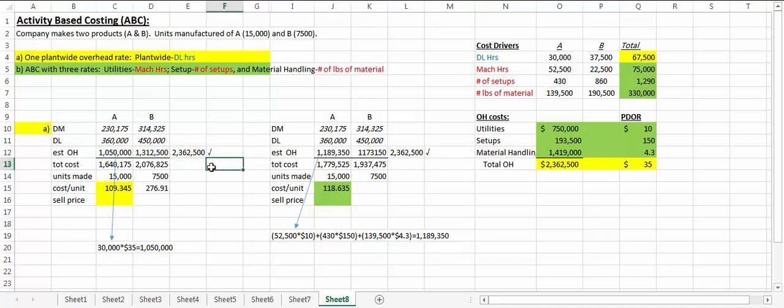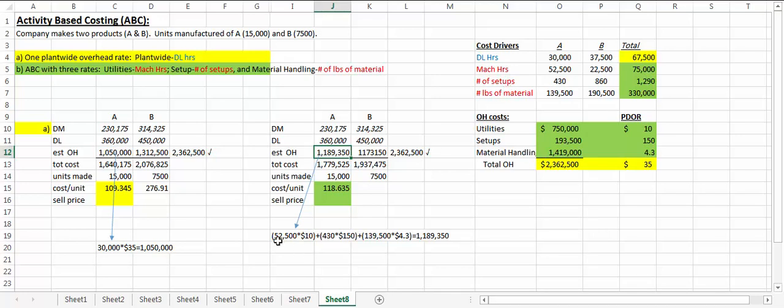When I do that, I get a total cost of 1.6 million for A, and if we divide it by the 15,000 units that I made, I get a cost of 109. When I use activity-based costing, I'm using three rates. So for product A, I have to allocate not only machine hours but also setups and pounds of material.